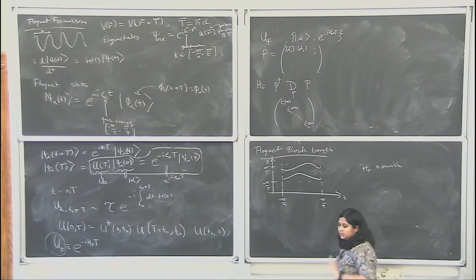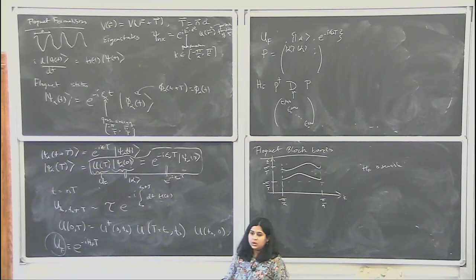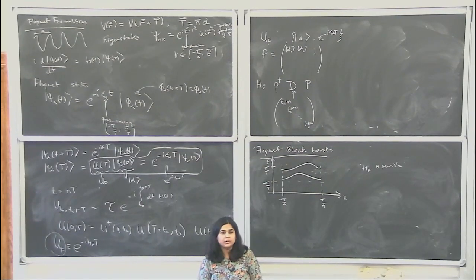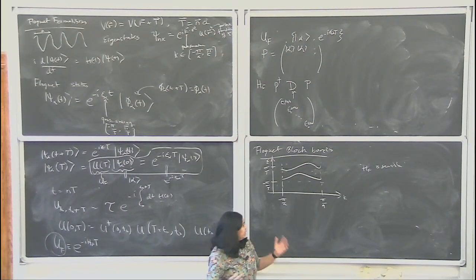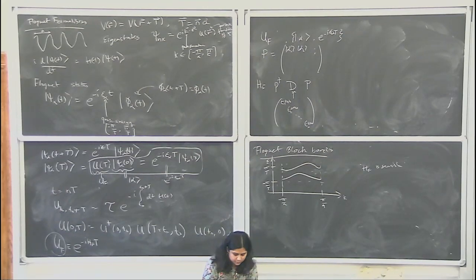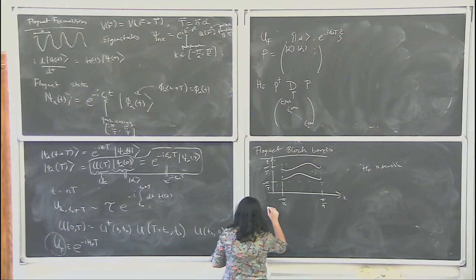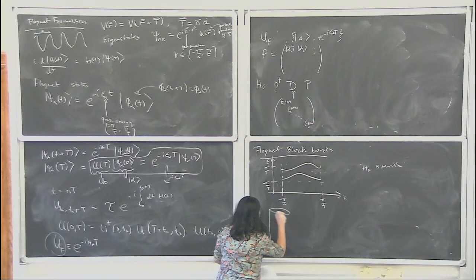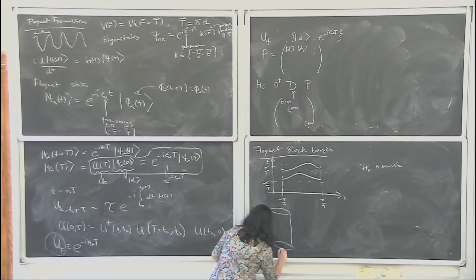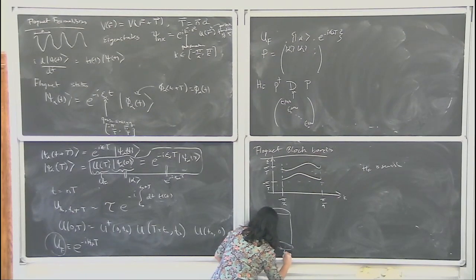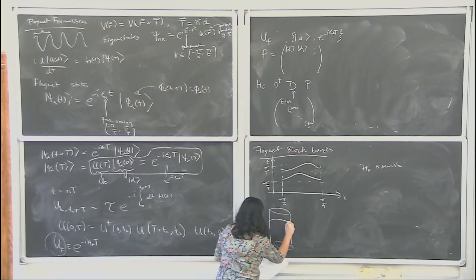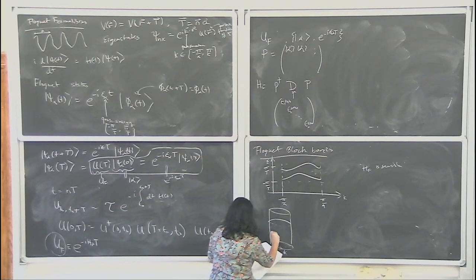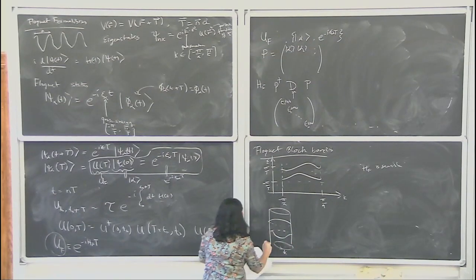But the new answer that we can get comes about due to a new topology that becomes possible in your Floquet band structure. Usually your band structure has the topology of a cylinder. So this is K, and you have some bands that may look like that.